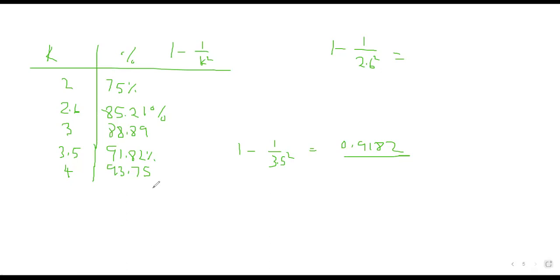Now, a question would come in this case like this. Refer to a distribution of home sales with a mean of 300,000 and a standard deviation of 50,000. Part A, determine the price in which at least 75% of the houses hold. So what are we given in this question?